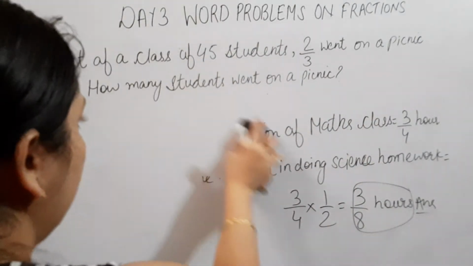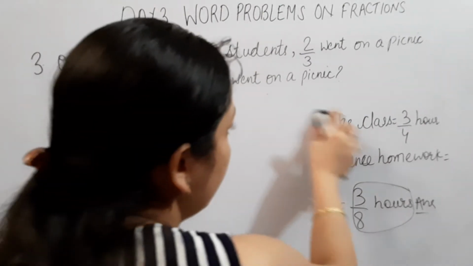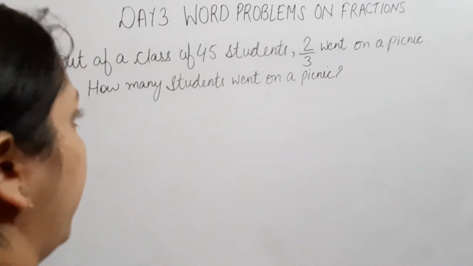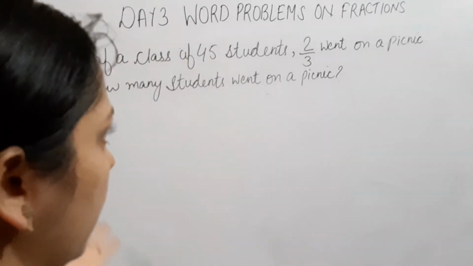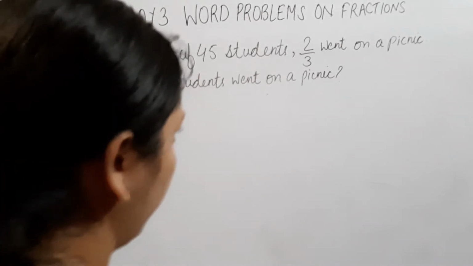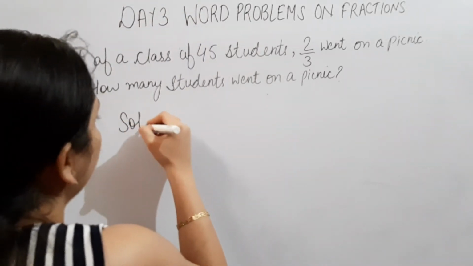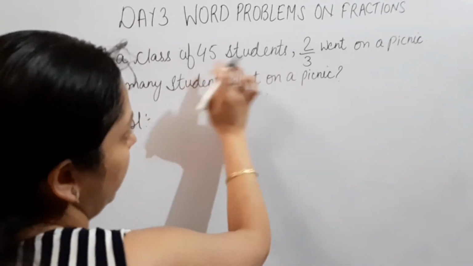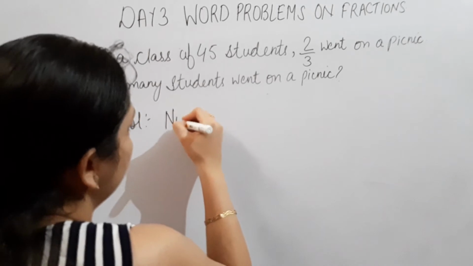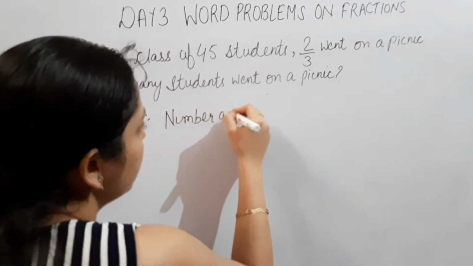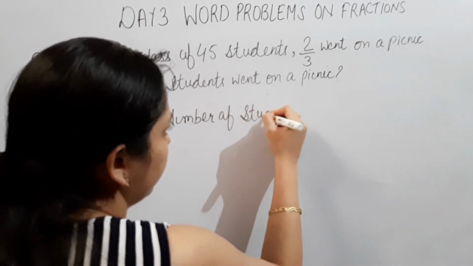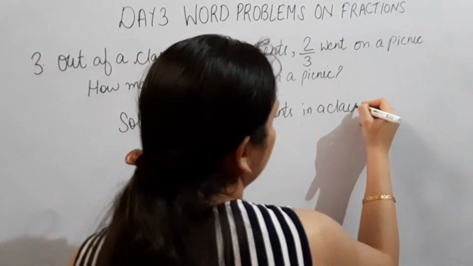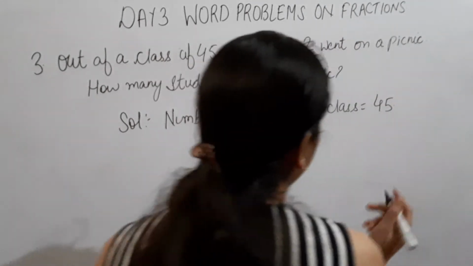So in this question, a class has number of students 45, and out of 45 only 2/3 went on a picnic. So you have to find in numbers, okay? So in that case, we will multiply it. We will find 2 by 3 of 45. Number of students in a class is equal to 45.